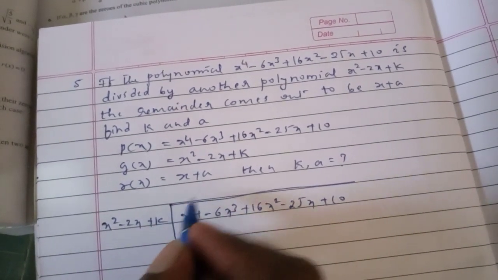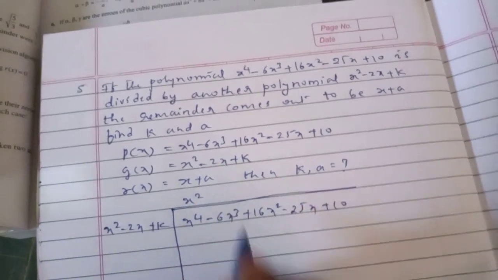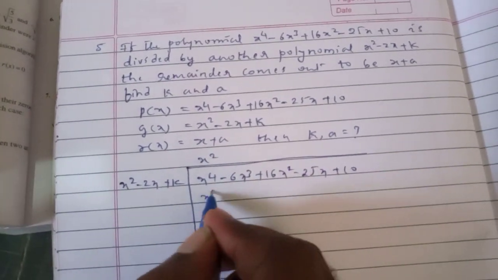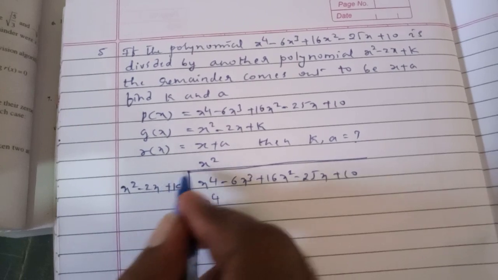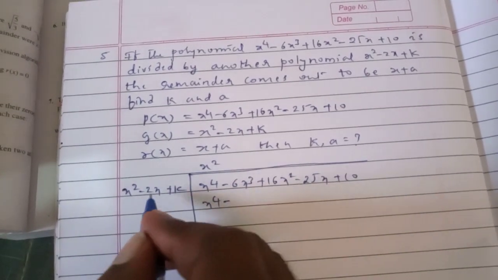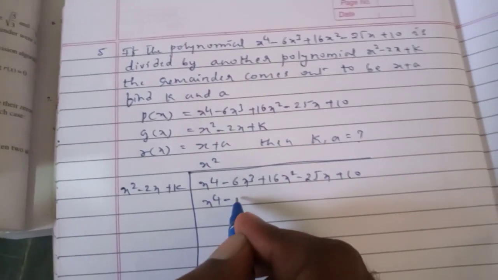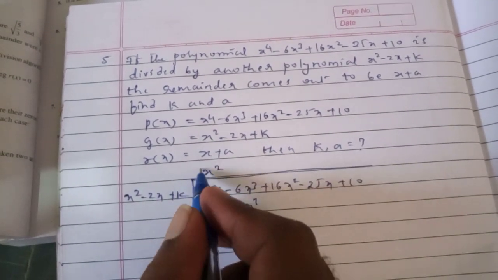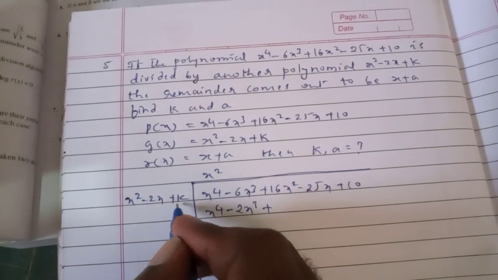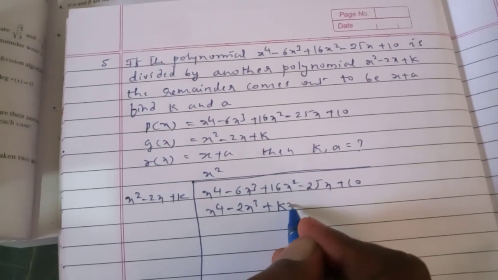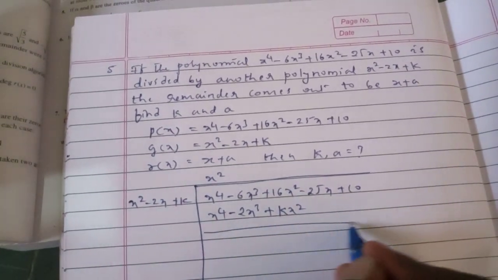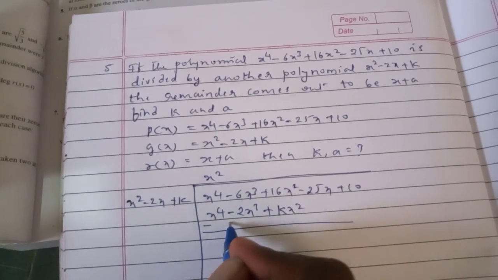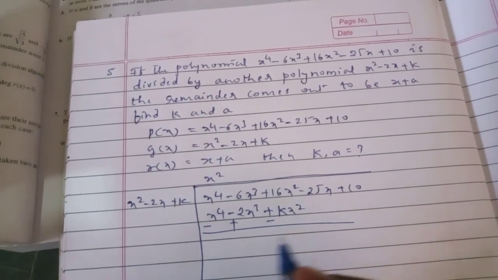To get x raised to 4, you have to multiply with x square here. X square into x square is x raised to 4, minus 2x into x square is minus 2x cube, plus k into x square is kx square. Then you change the signs.